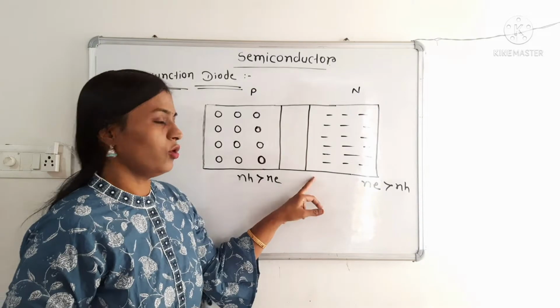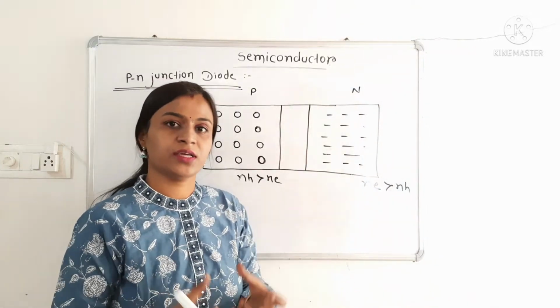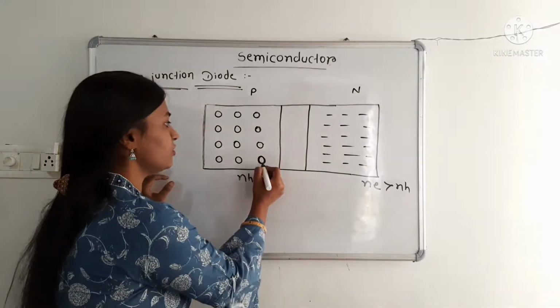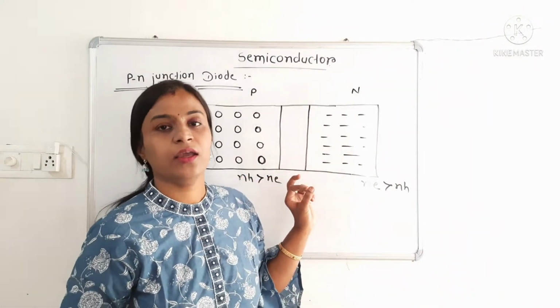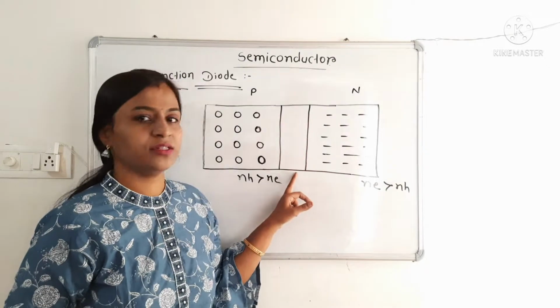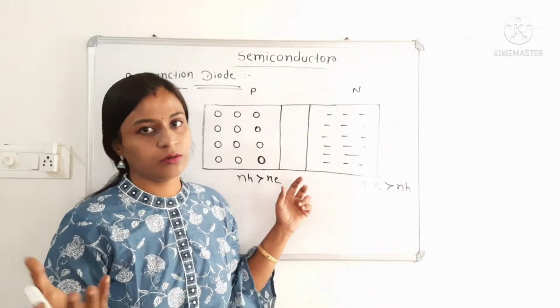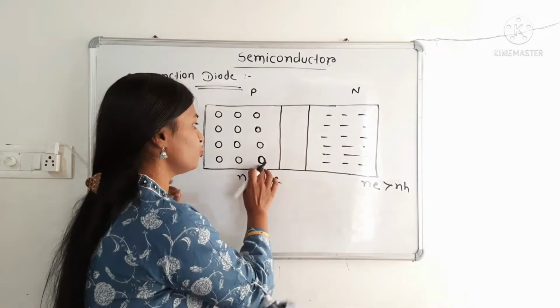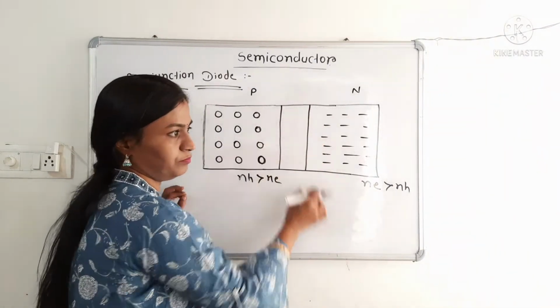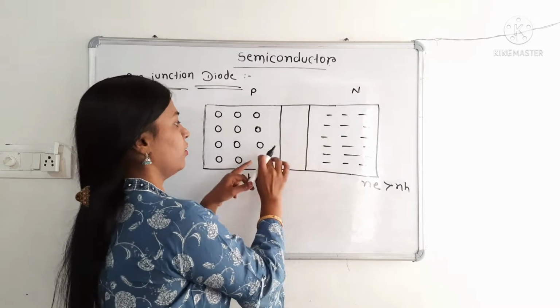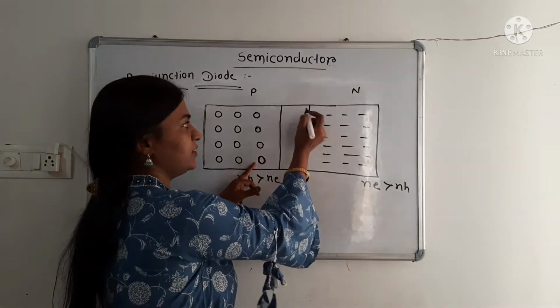When these two semiconductors are joined, then these carriers which are of opposite polarity are attracted towards the junction, because opposites always attract each other. These two opposite polarity carriers are attracted towards the junction, and these holes are attracted towards these electrons.